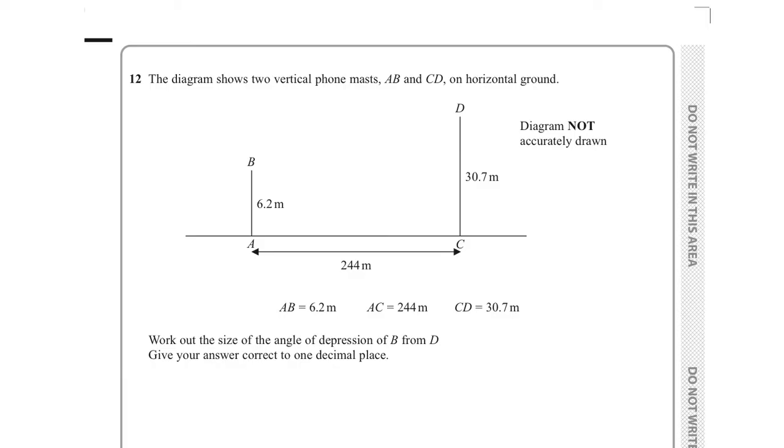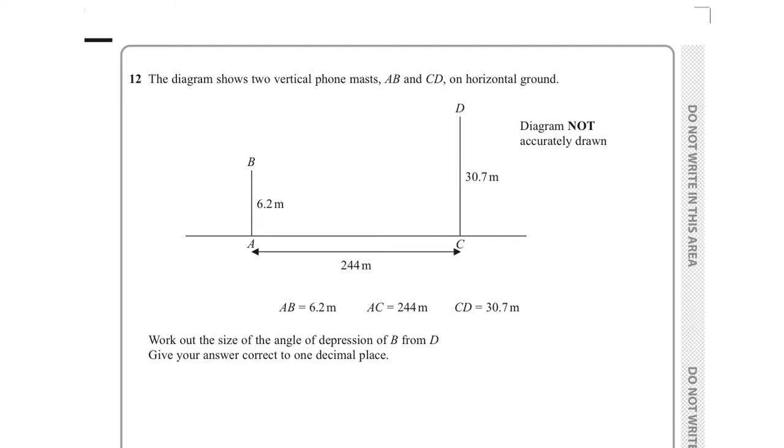Question 12, the diagram shows two vertical phone masts AB and CD on horizontal ground. AB is 6.2, AC is 244, CD is 30.7. Work out the size of the angle of depression of B from D. So what this means is the angle of depression. What does that actually mean? So first of all, you need to get a ruler, right?